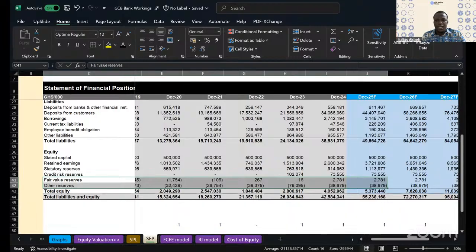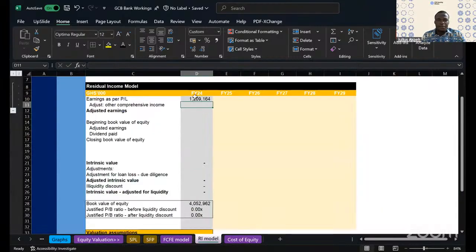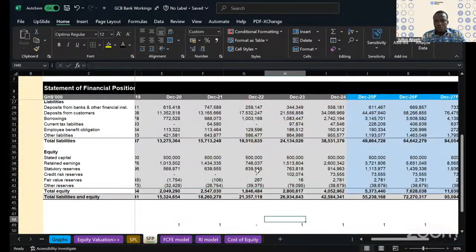Nobody actually spotted that. The residual income, the opening. Okay, I got it right. I got it right. This is the earnings for 2024. Okay, I got it right. So the other comprehensive income items in 2024 can actually be estimated this way.